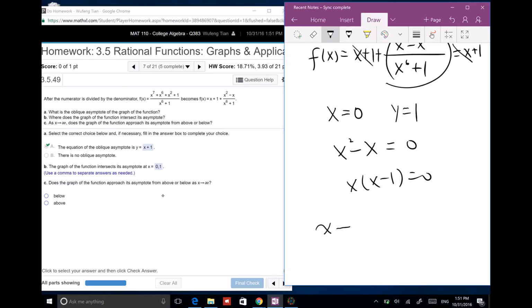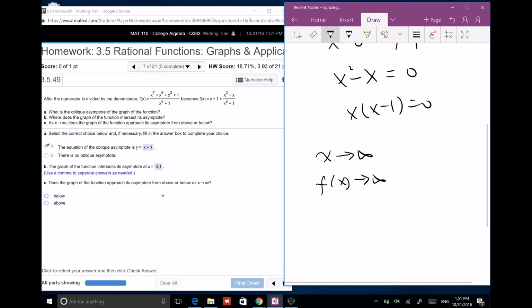As x goes to infinity, then f(x) goes to infinity. So the asymptote is like this, x plus 1. Now we want to know if it's approached from above or from below as x goes to infinity. x going to infinity is positive, so plus anything positive is from above.